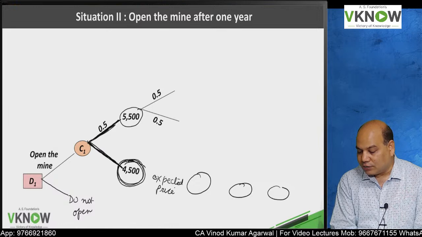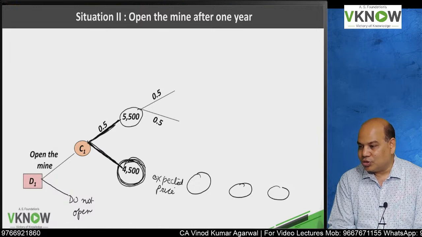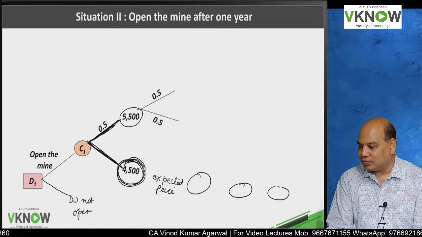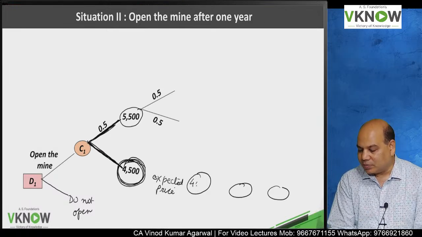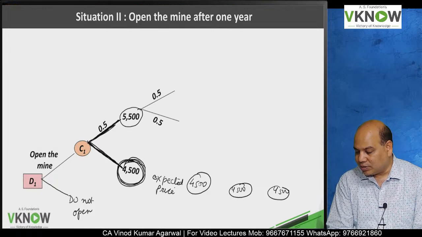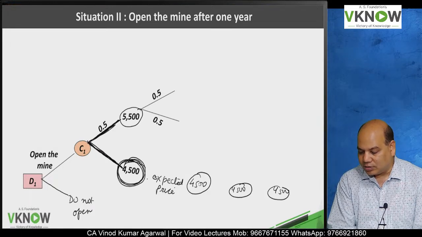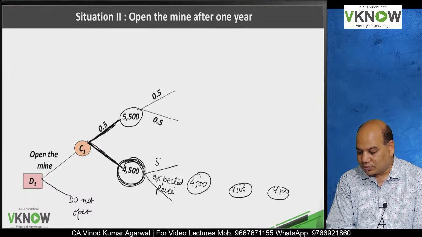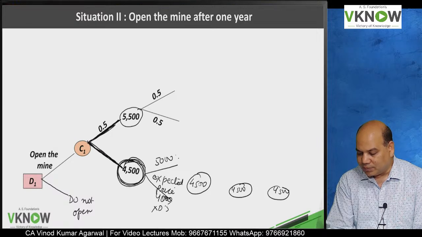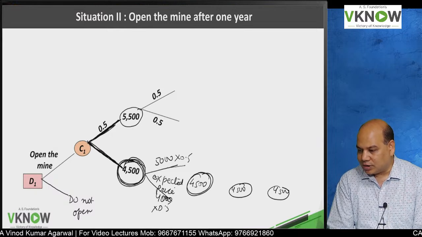So if you start from 4,500, your expected price for all the subsequent years will be 4,500. You can try yourself: 5,000 and 4,000, multiplied by probability 0.5, you will get 4,500.